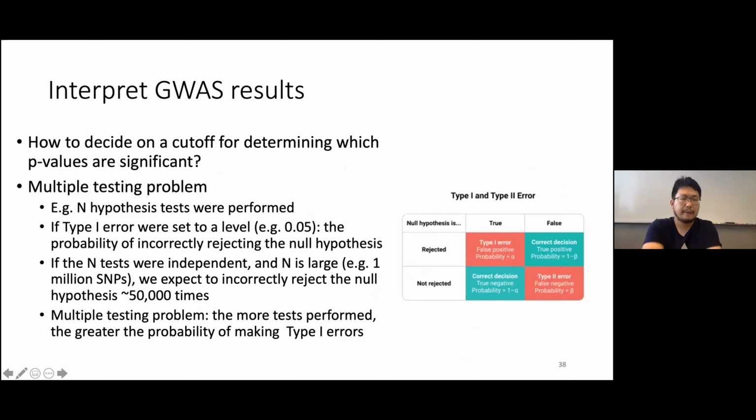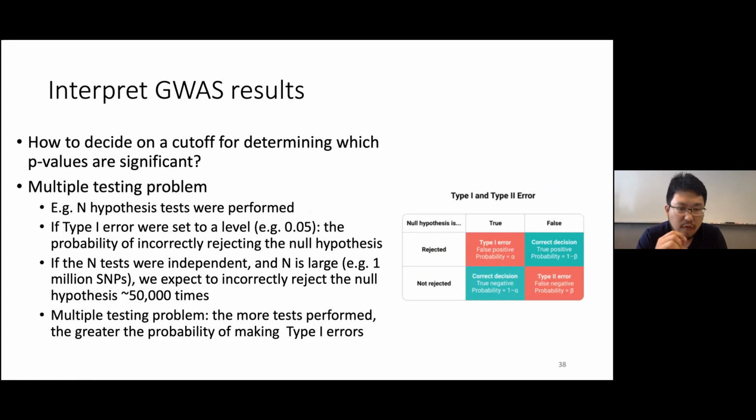And then the thing I want to talk about is how we decide a reasonable cutoff for the significance of the p-value. Like we mentioned in earlier slides, this multiple testing problem could be a huge issue. So let's assume that we have n SNPs.